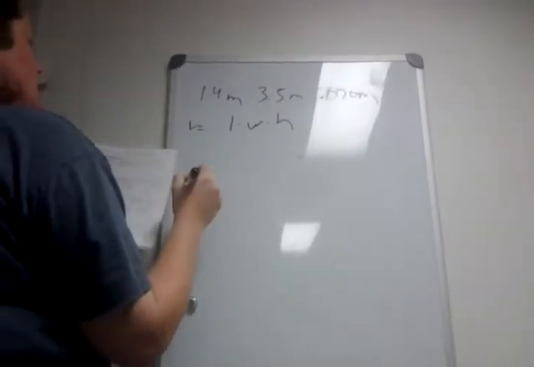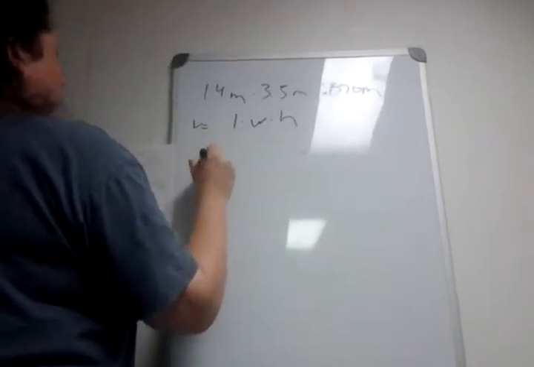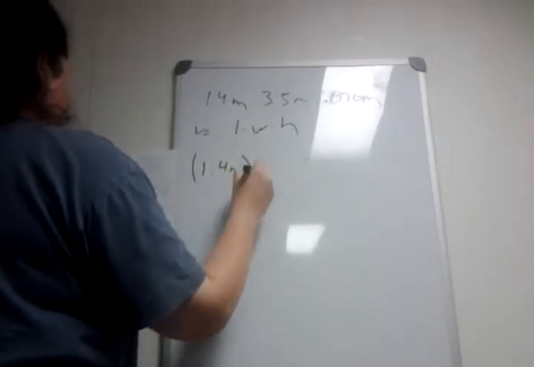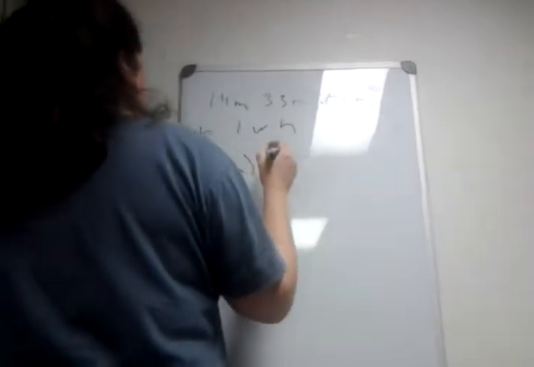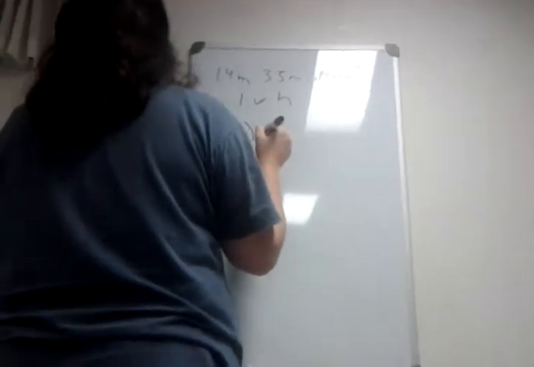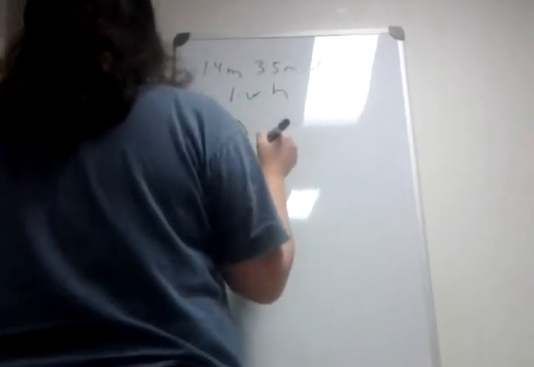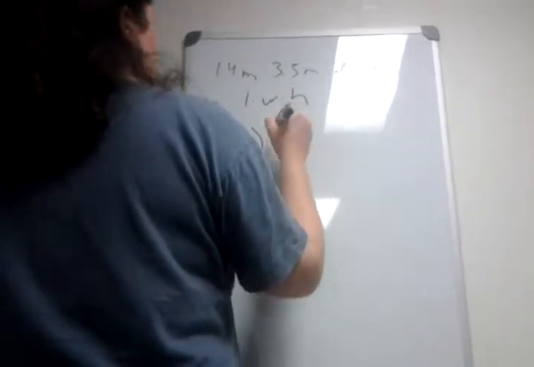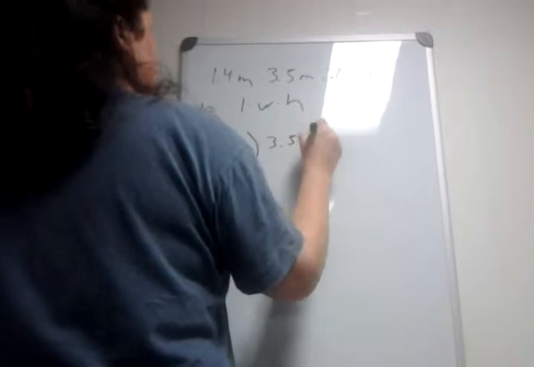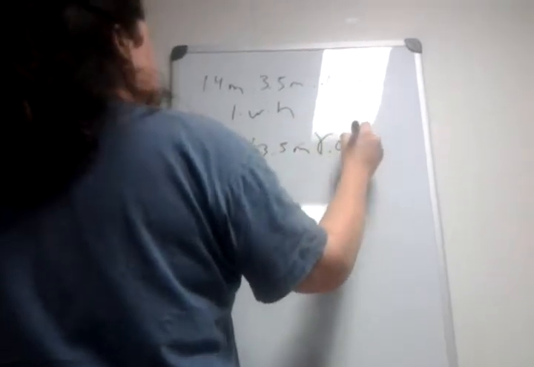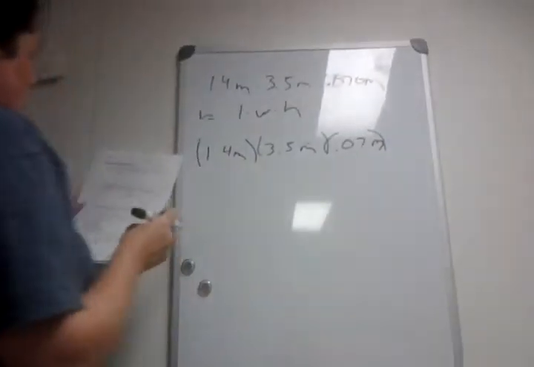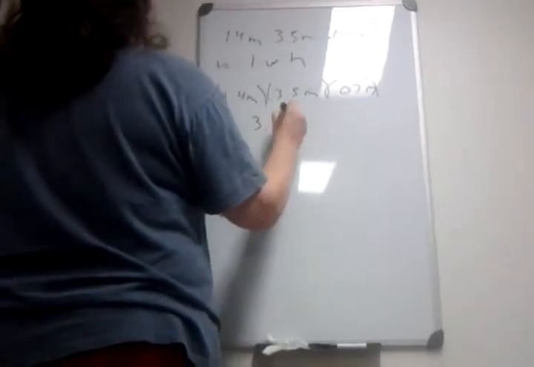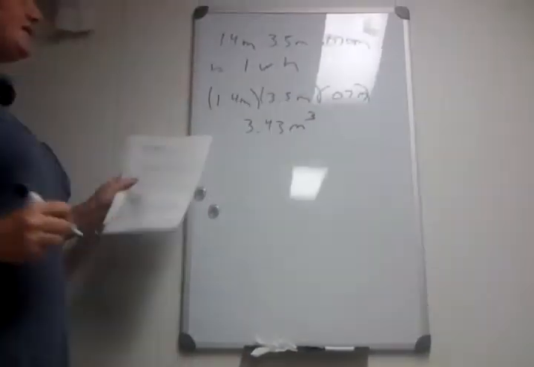So you're going to take 1.4 meters and multiply that times 3.5 meters and multiply that times 0.07 meters. And you're going to end up with a number, I believe it's 3.3 meters cubed. That's the volume.